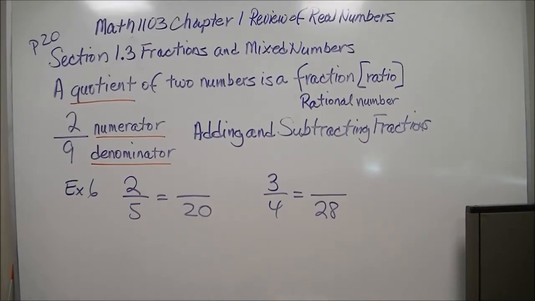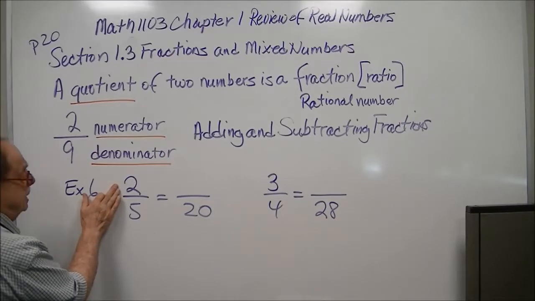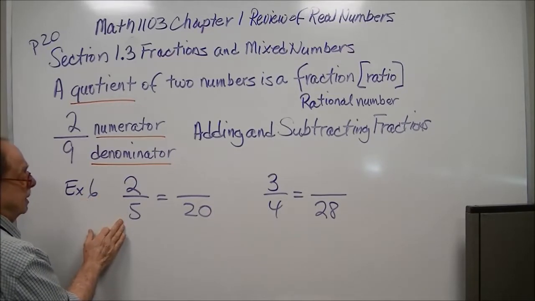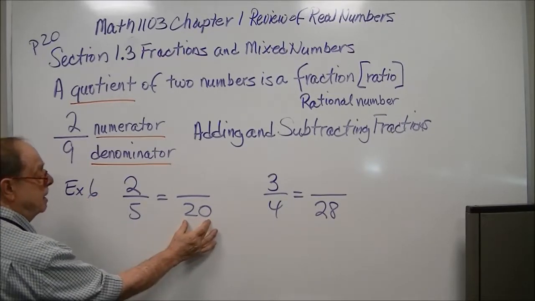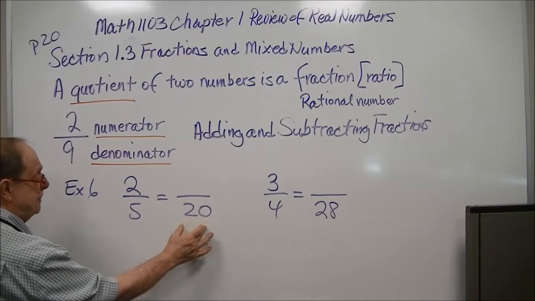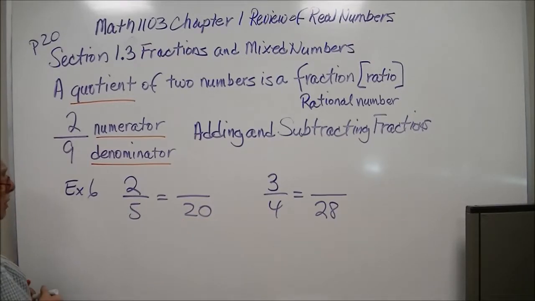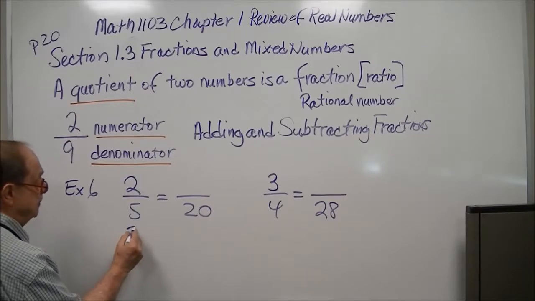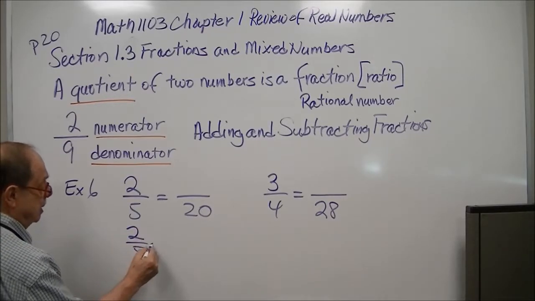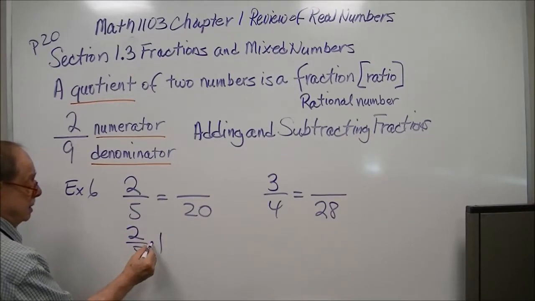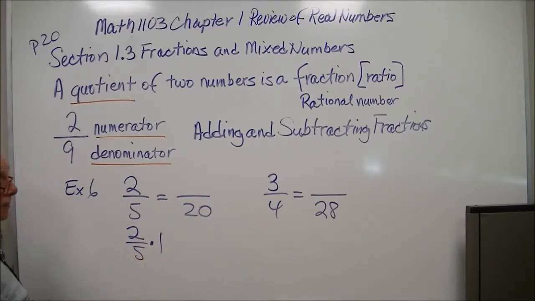In this next part, we're looking for a procedure to convert, let's say, 2/5 to something with a denominator of 20. Now remember, we are allowed to multiply anything by 1, and that keeps it the same.